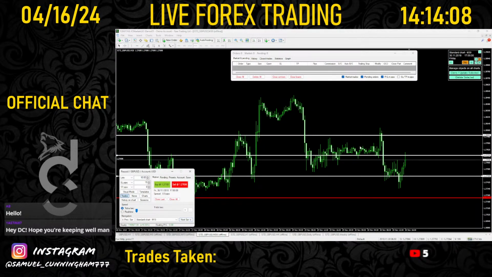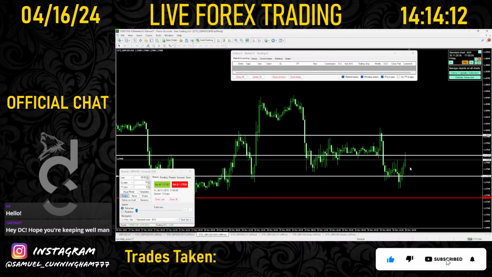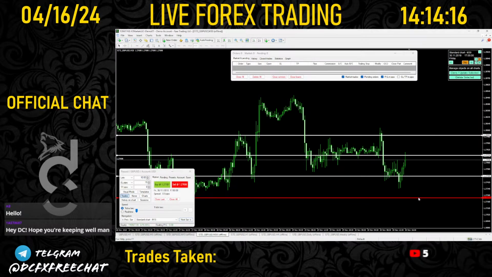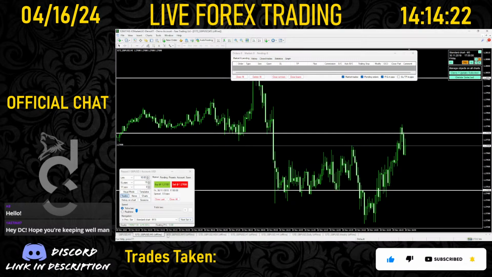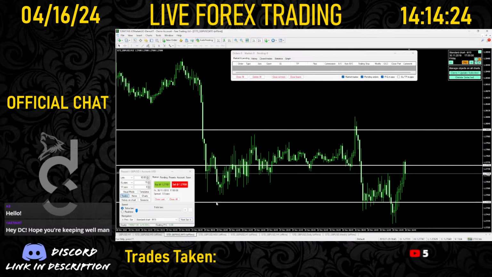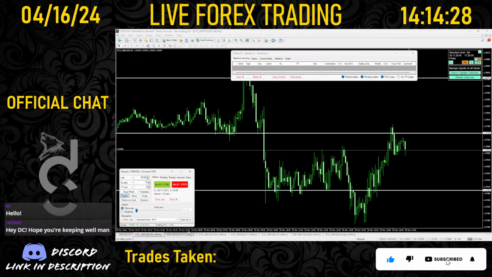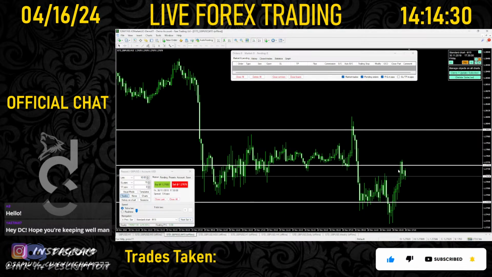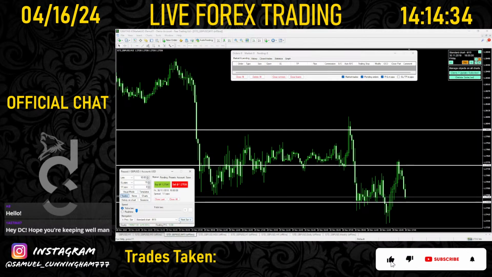Okay, let's see. We came back to this QP. Let's see, engulfing. Do we get an engulfing? 15, kind of an engulfing after tapping into that area.